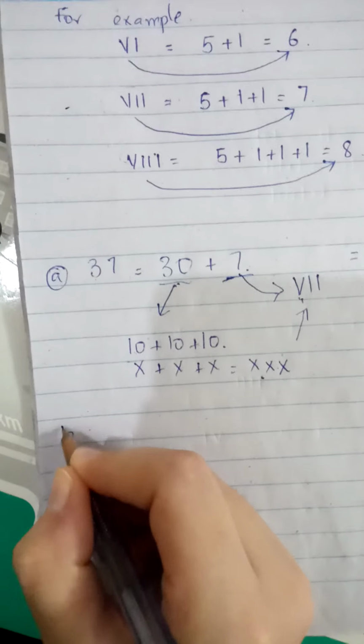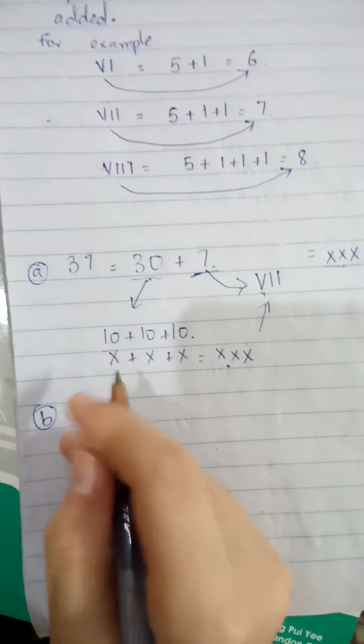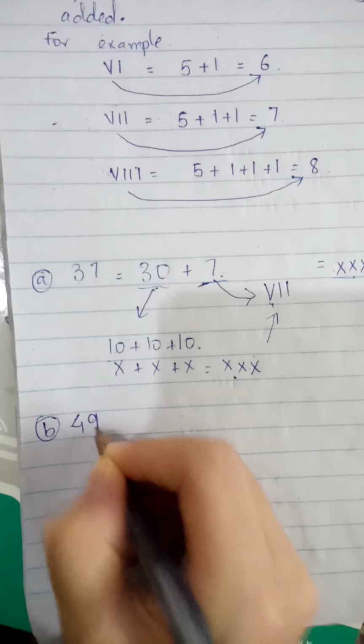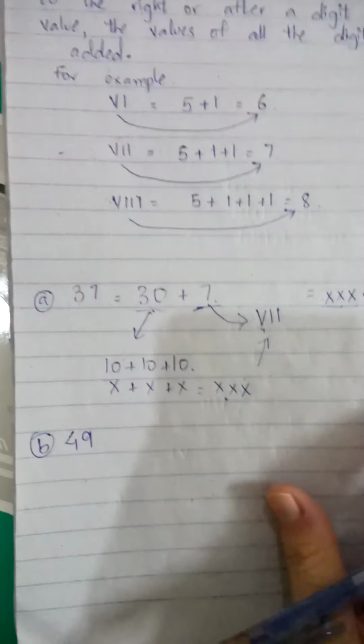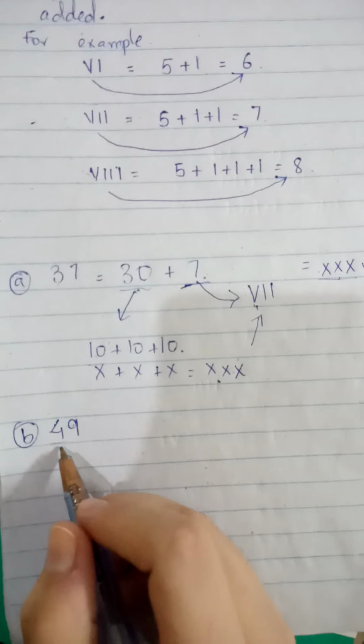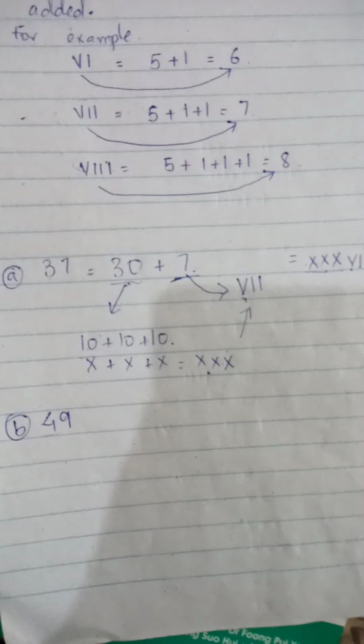Let's solve it together. Now, this one is actually a difficult example. Let's see if all of you can do it with me. Here the number that we have now is 49, and we need to write it in Roman numbers.